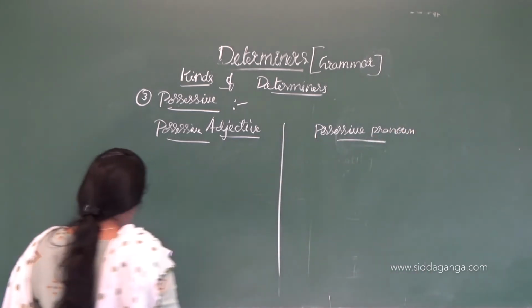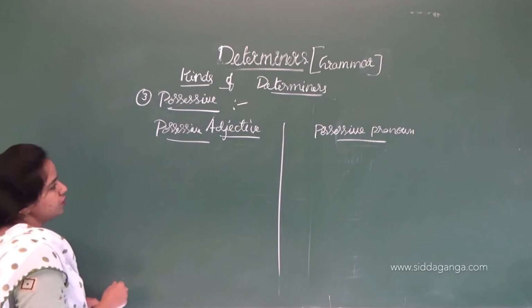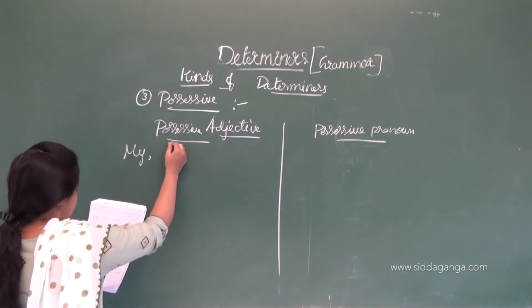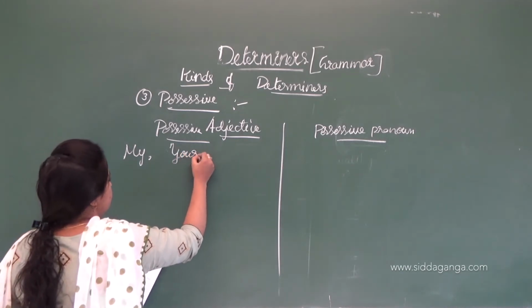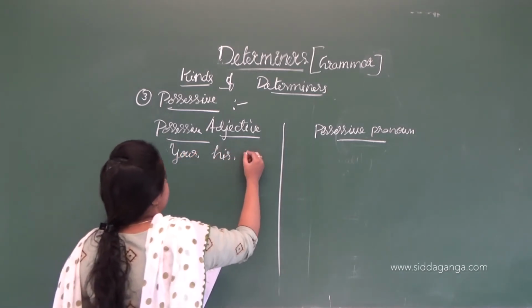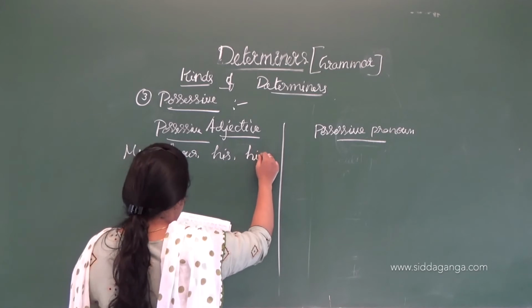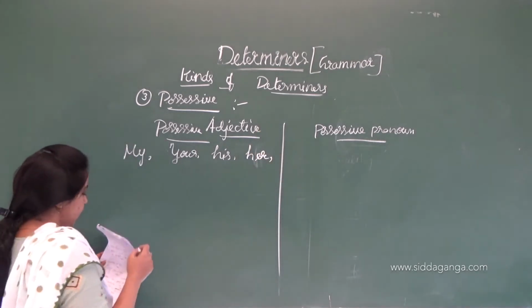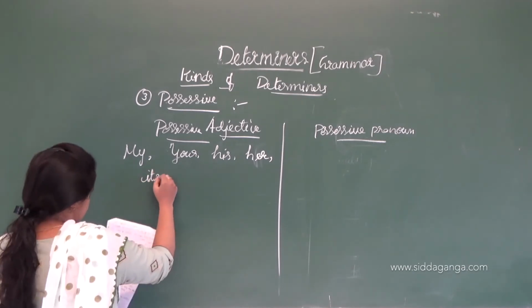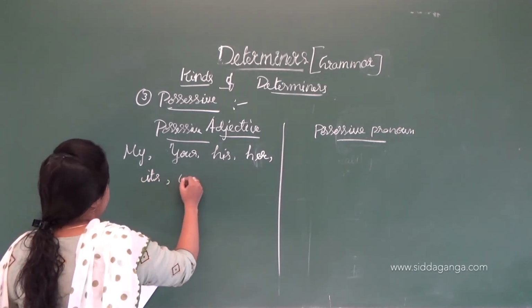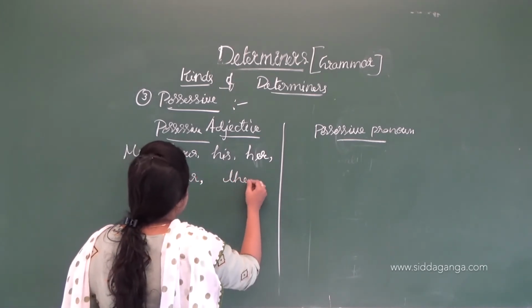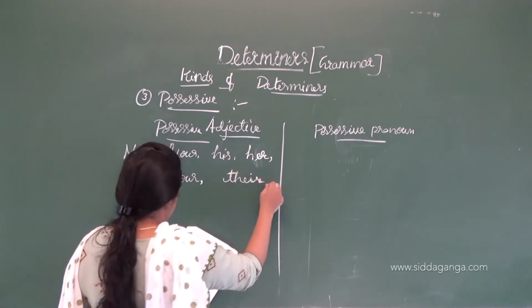In the possessive adjective, the words are like my, your, his, her, its, our, their.